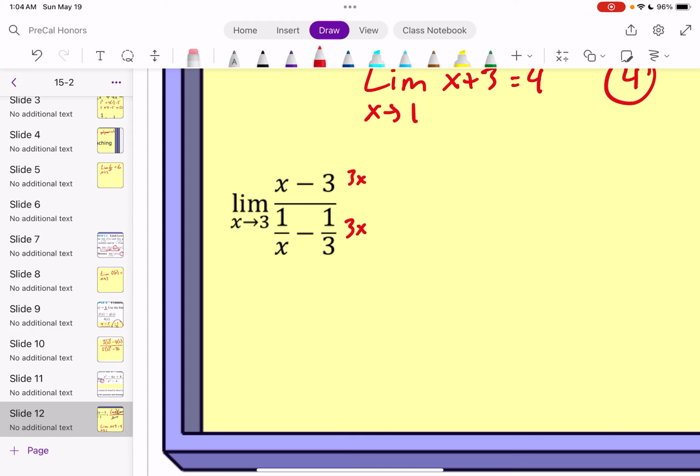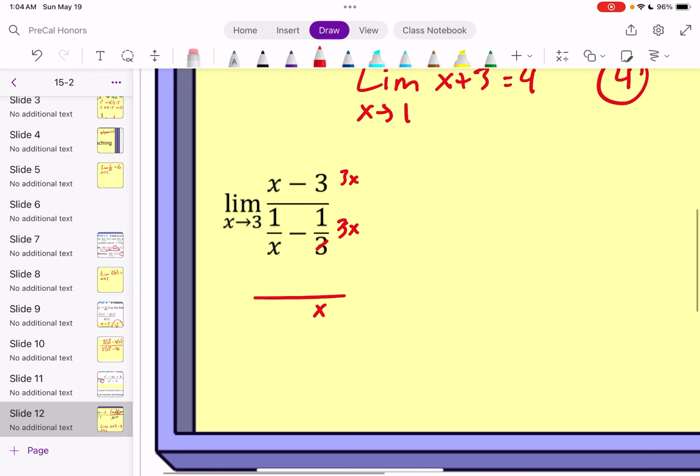So here we end up with 3 and 3 simplifying out. Notice x would come out in that denominator. x and x cancel out. We would be left with 3 in there, and we would have 3x times x minus 3.